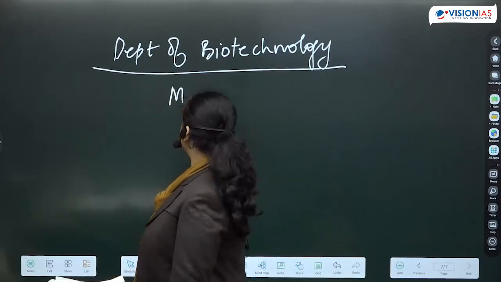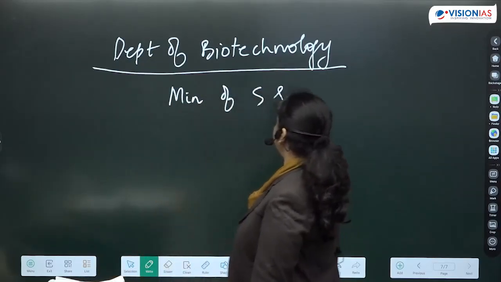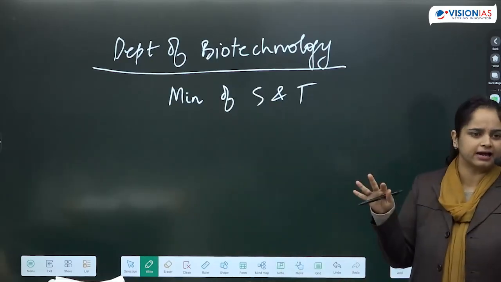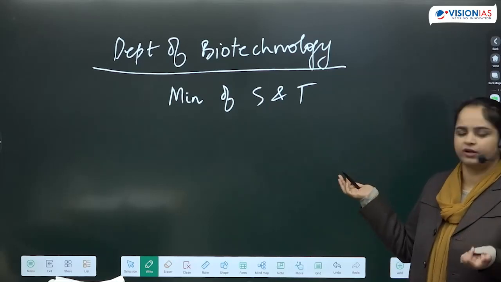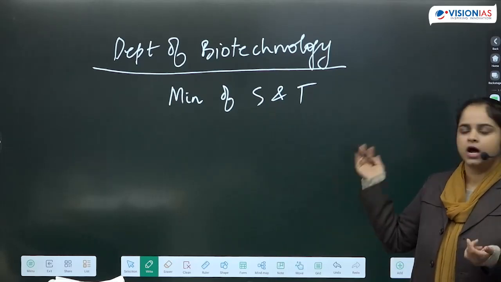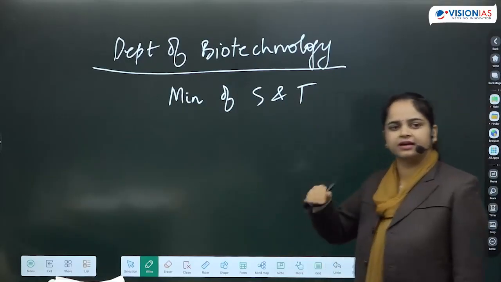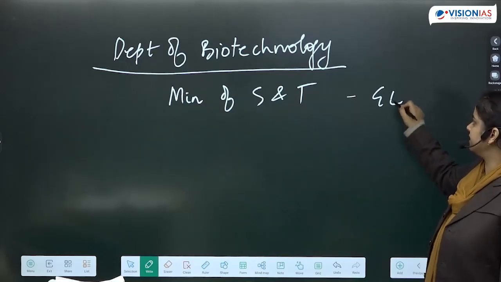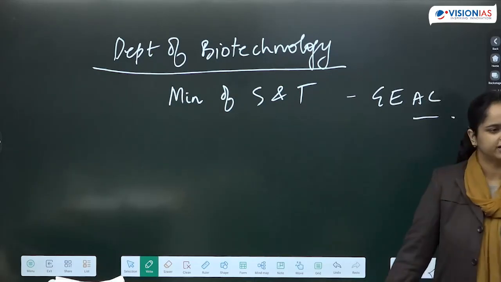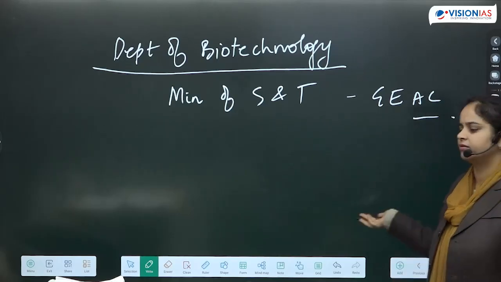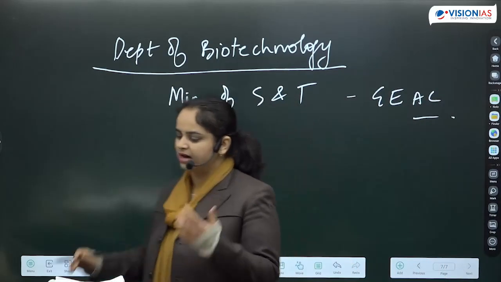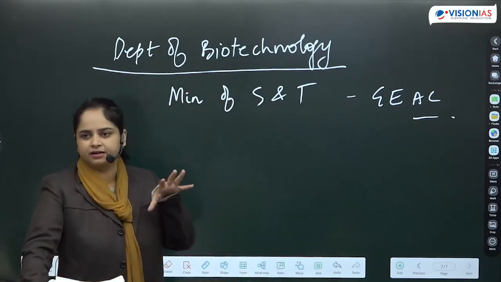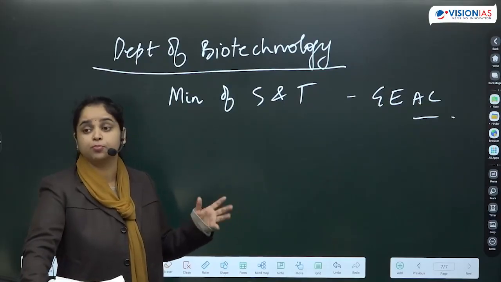This is under the Ministry of Science and Tech. And this is the main authority deciding what or how biotechnology is going to operate. Along with this, it time and again sets up some committees which are fixed committees like this one, Genetic Engineering Appellate Committee, and the government can also set up committees from time to time based on whatever requirement it has for a particular product to get approval.